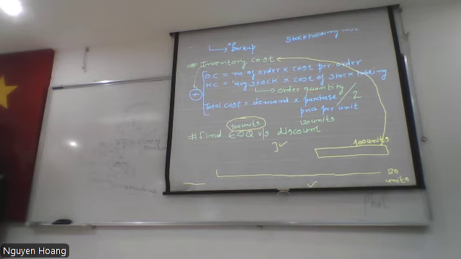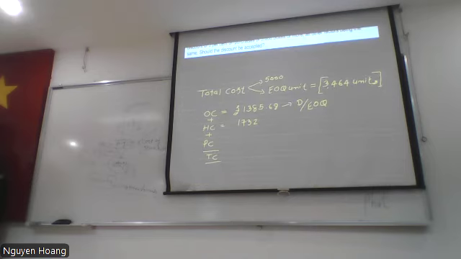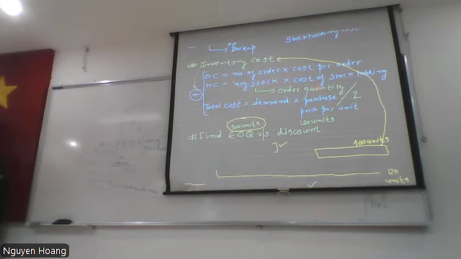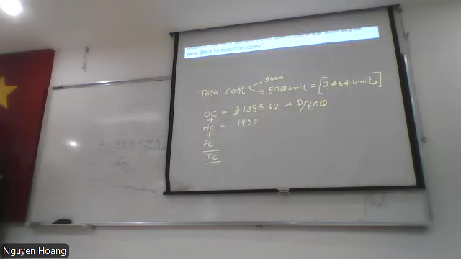How much is order quantity? 3464. EOQ is the order quantity that we can order. We divide by two and got this, so average stock is 1732.